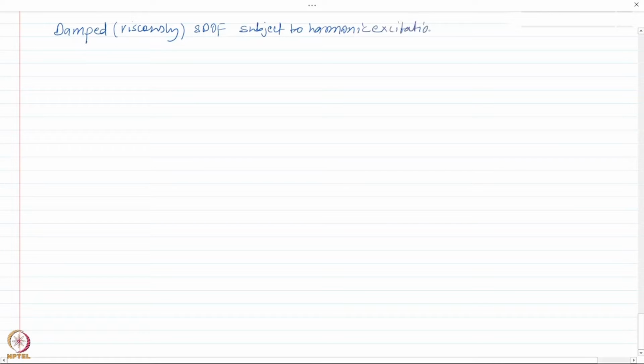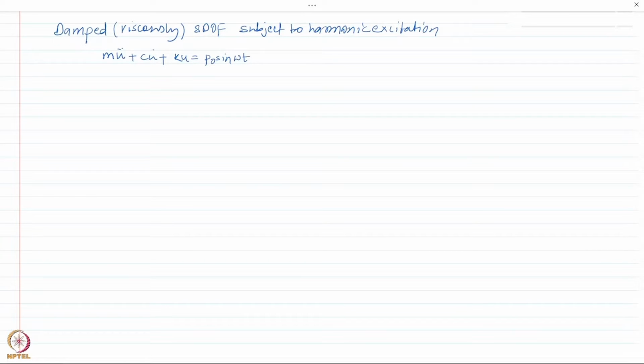As we have been doing till now, I'm going to write down my equation of motion for this. So what do I get here: m u double dot plus there is a damping term now, c u dot, plus stiffness term k u, that should be equal to the applied force, which is harmonic in this case, which can be represented as p naught times sine omega t.